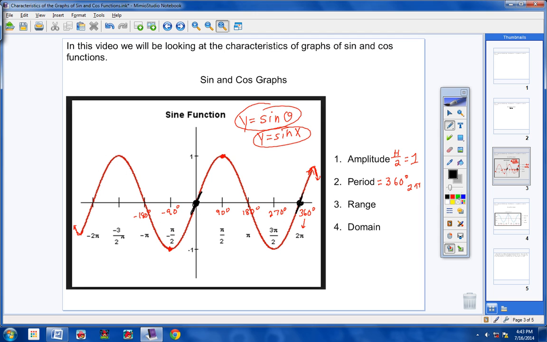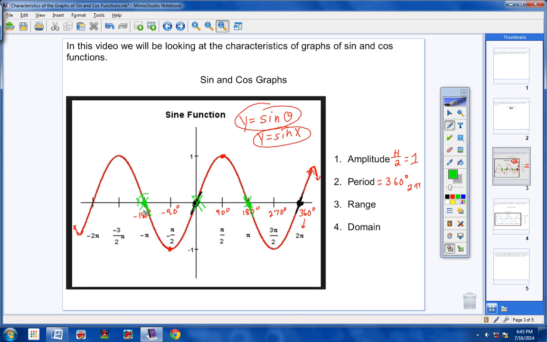Okay, you could look at it like this. You could say, here's a point on the graph going through the x-axis on the way down. Where's the next point you see like that? Right here. Passing through the x-axis on the way down. And what's the distance from this green point to this green point? 360 degrees. Because from here to here is 180, and from here to here is 180.